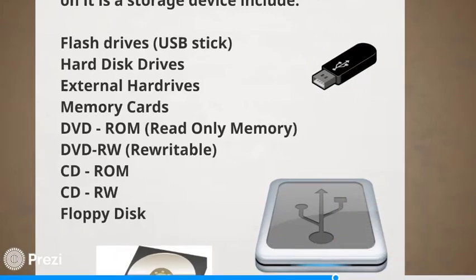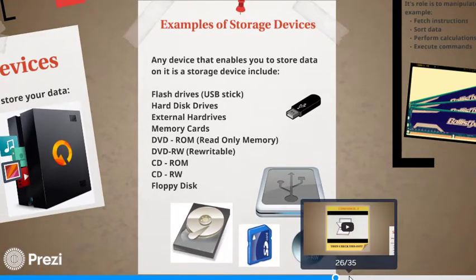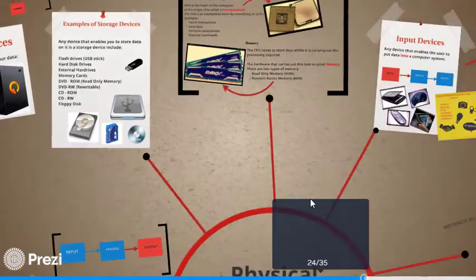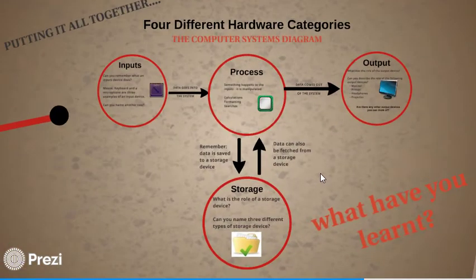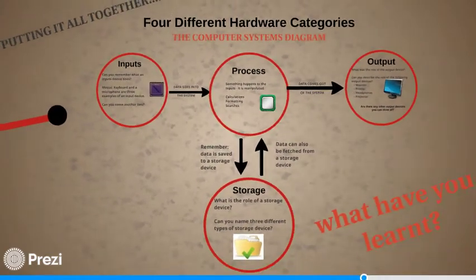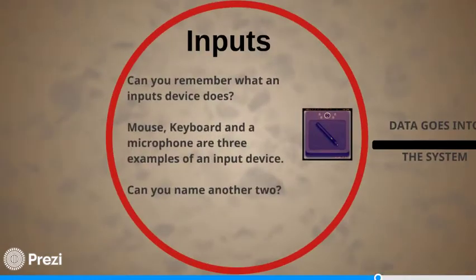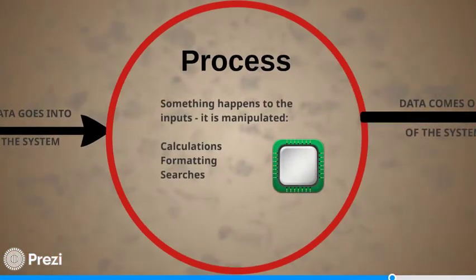Okay, so as a review of the components, there are four different hardware categories. You have input, process, output, and storage. To zoom in, these are examples of input devices.